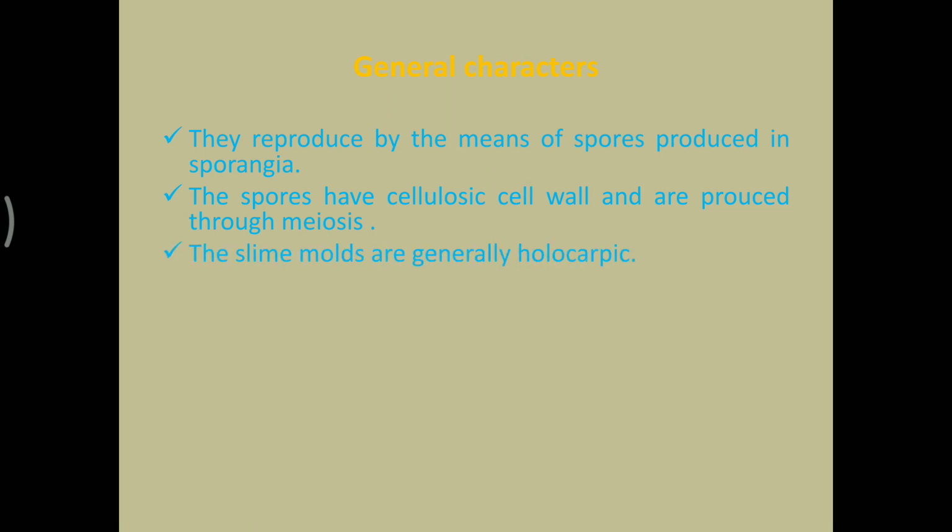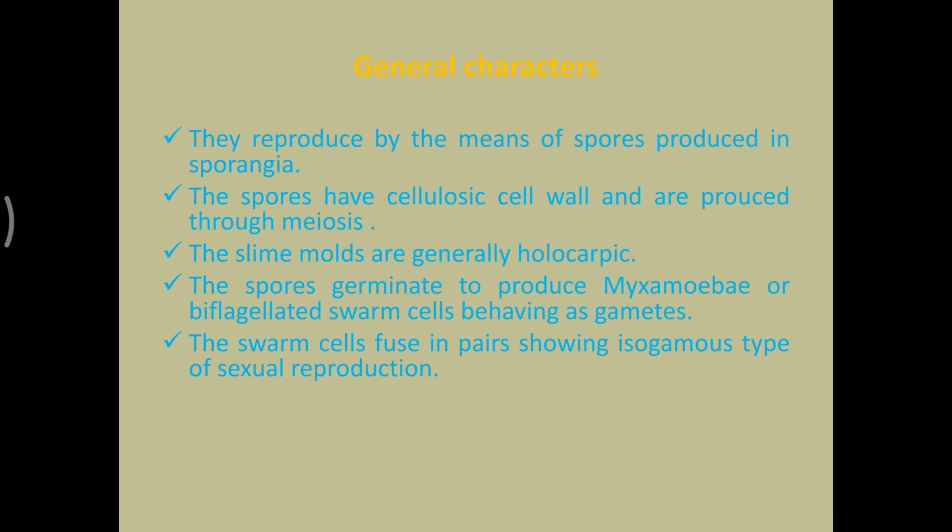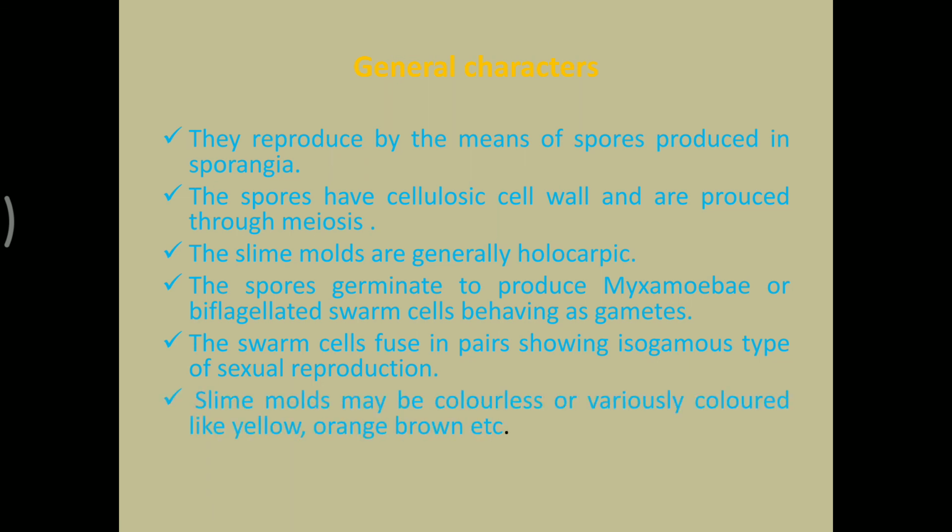The slime molds are generally holocarpic, and the spores germinate to produce myxamoebae. We have seen the structure, amoeba like organisms which are feeding, or biflagellated swarm cells behaving as gametes. The swarm cells fuse together in an isogamous type of sexual reproduction, and slime molds may be colorless or variously colored in yellow, orange, or brown.